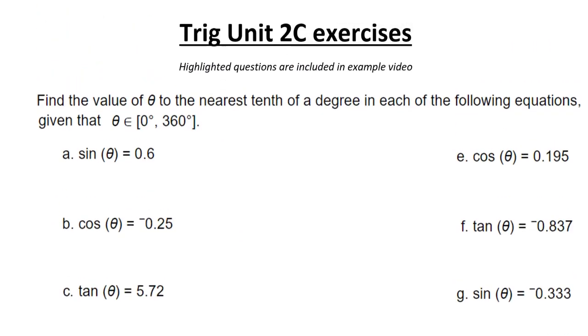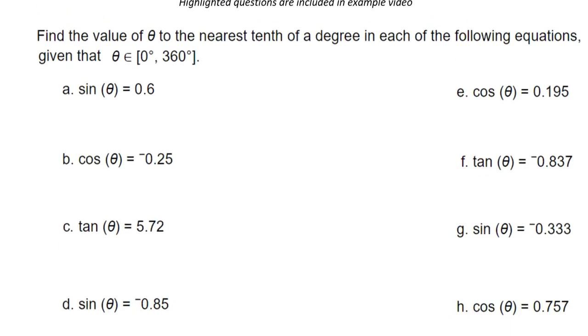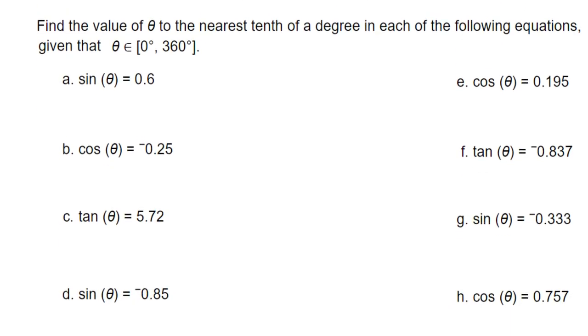These ones up here get a little trickier, and parts of them you've seen a lot and other parts might be very new. So we'll do the easy part first. Sine of theta equals 0.6. So we're going to rearrange it, get theta by itself.